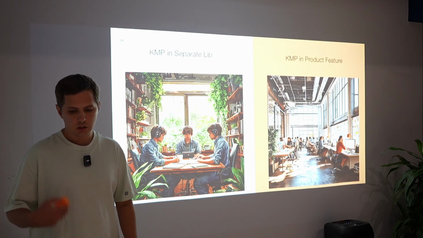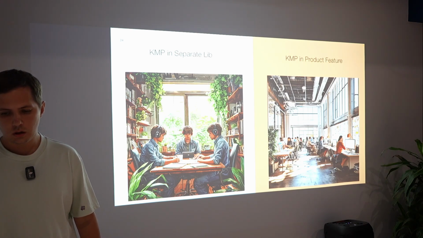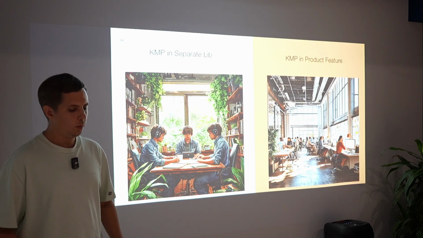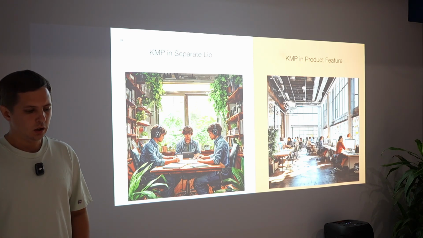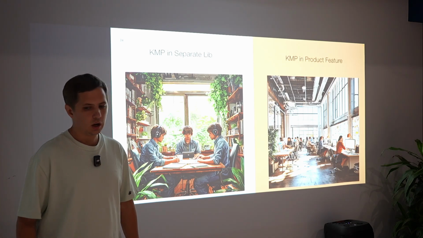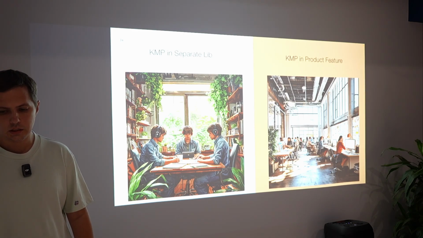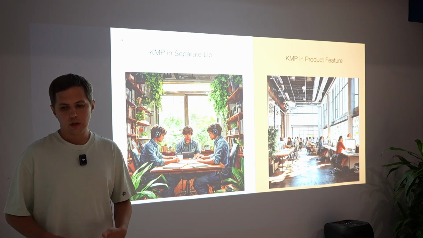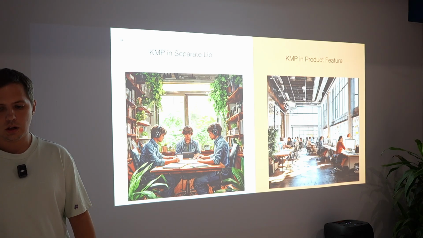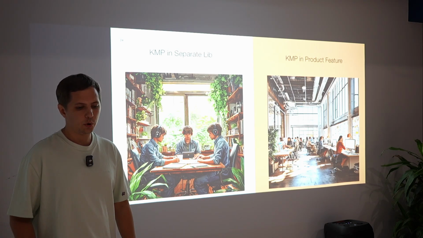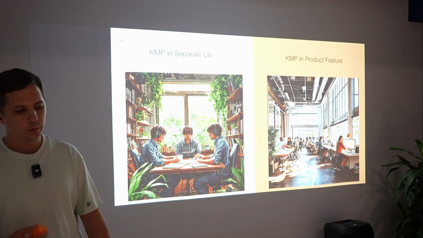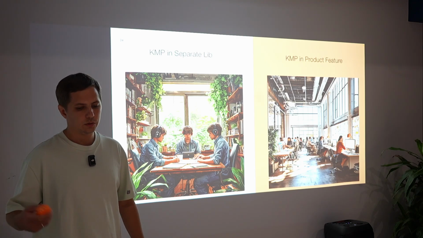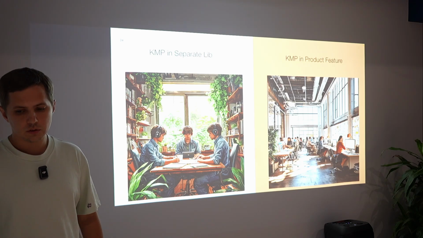In comparison, in an open space, you probably know what your colleague does. You can ask some questions about how he or she does it and try to use something like this. So this is an analog of the product feature approach, when it is easier to repeat another product feature made in KMP after the first one was made.